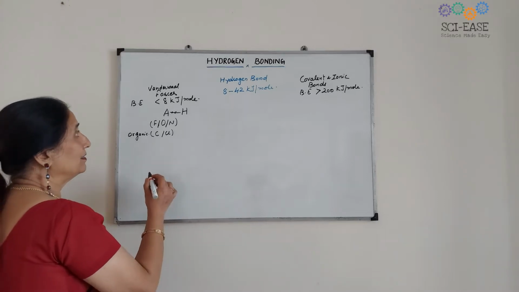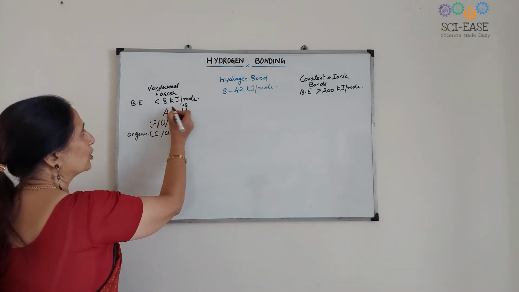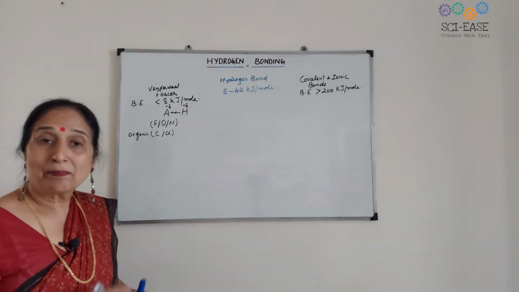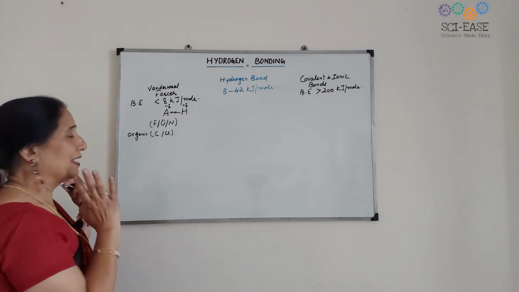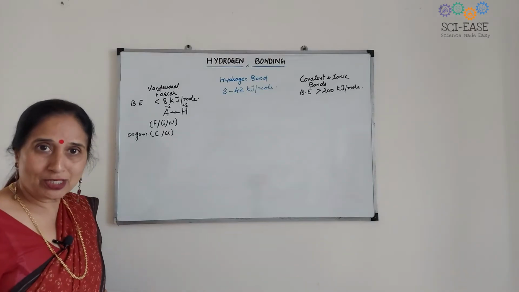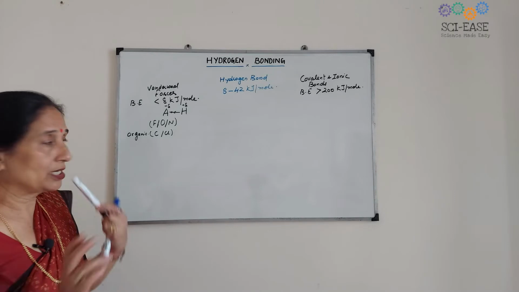So there will be a partial positive charge on H and a partial negative charge on A.